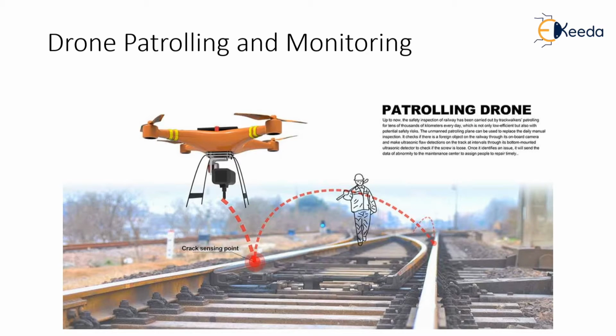Drone patrolling and monitoring has been used for a lot of purposes. One area is monitoring infrastructure. You can use drones for monitoring infrastructures such as factories or residential areas which are very long. Instead of having guards at all the different places, you can have a drone continuously monitoring the perimeter and making sure there is no illegal entrance, or you can monitor the railways.